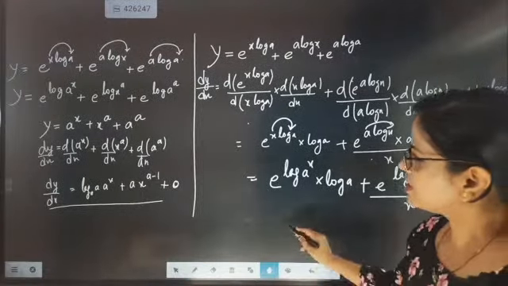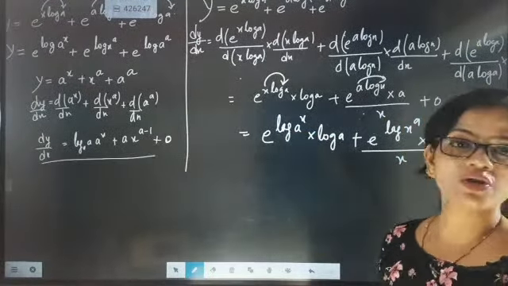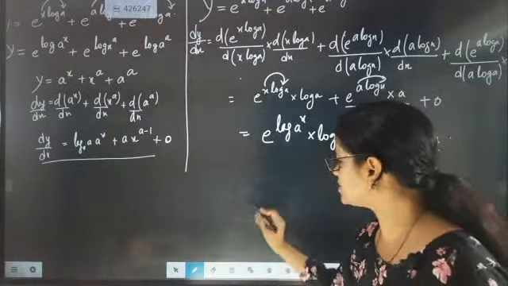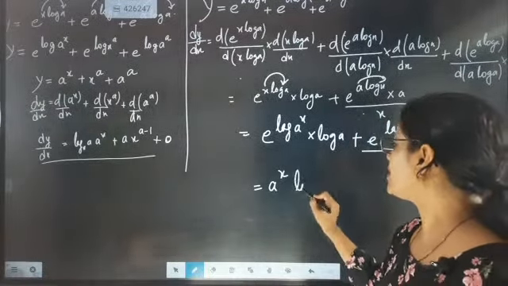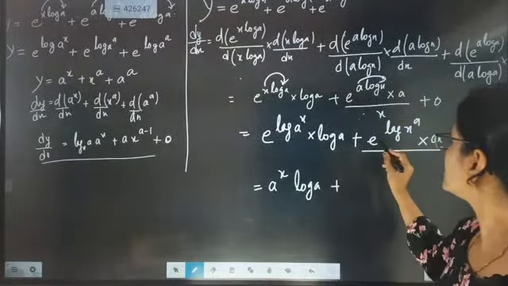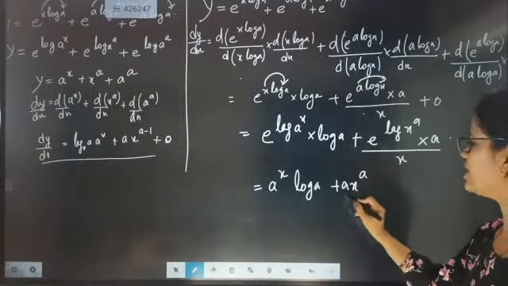Now just see the magic part of it. Exponential and log are inverse of each other, so they will kill each other. So it is exactly coming as a to the power x will come out and log a is coming. Now here e to the power log x to the power a, it is coming as x to the power a into a by x.